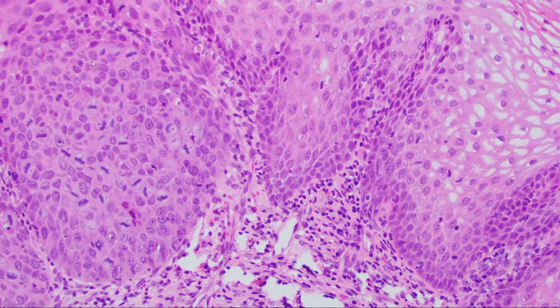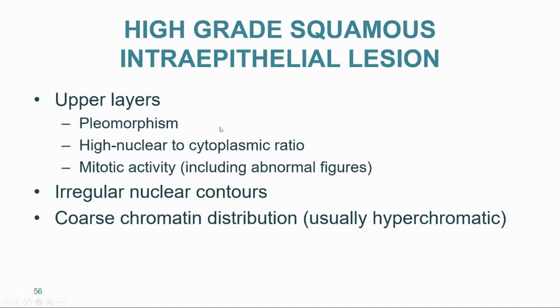In this particular lesion, you can see very brisk mitotic activity that is not confined to the basal layers anymore. It extends to upper epithelial layers. Because the lesion is not maturing or has incomplete maturation, you're going to see those atypical nuclear features in upper layers as well, with high nuclear to cytoplasmic ratio and persistence of mitotic activity.